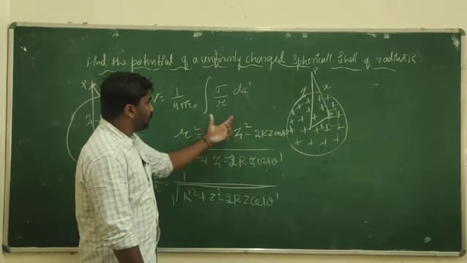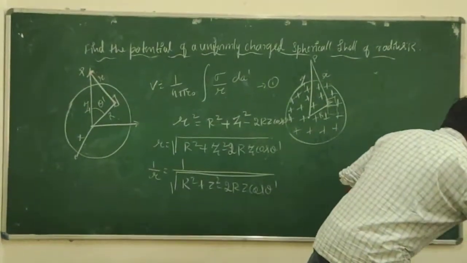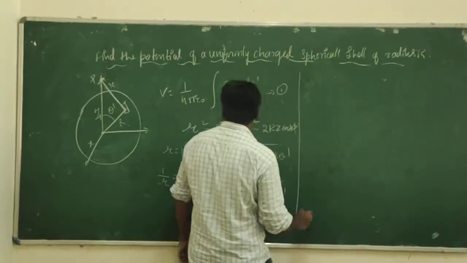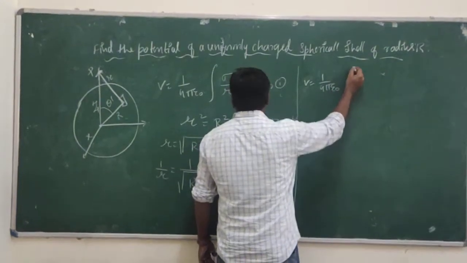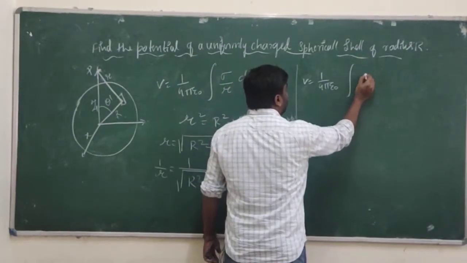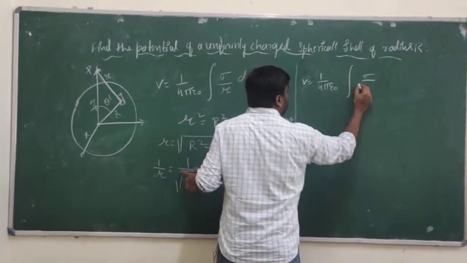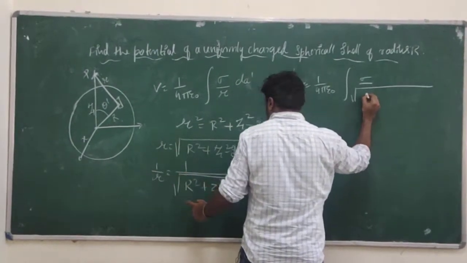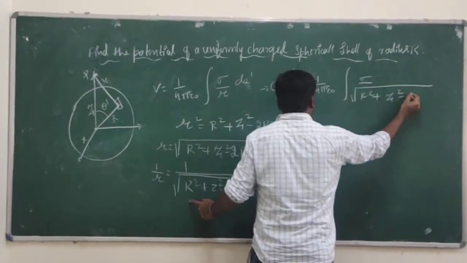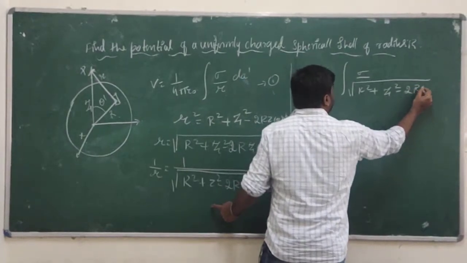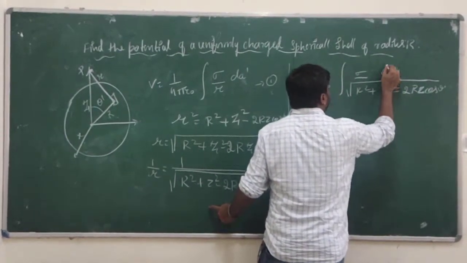Now let us substitute in equation number 1. Therefore V is equal to 1 by 4 pi epsilon naught, integration of sigma divided by the square root of r square plus z square minus 2rz cos theta dash, into dA dash.